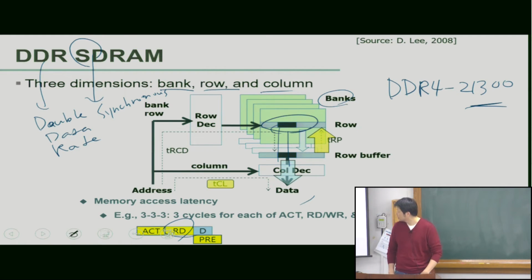of the chip. Okay, and then if you deliver the pre-charge command, then these bit lines will be pre-charged again back to 1/2 VDD, at the middle of the 1 and 0, and it takes some amount of time called tRP, the pre-charge time. Then it becomes ready again to activate a different row.